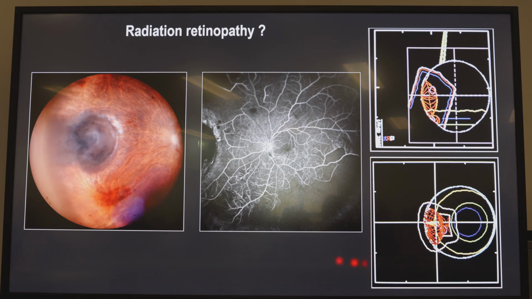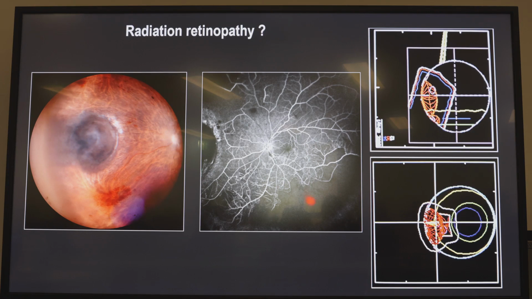So this is not radiation-induced ischemia. Why is there ischemia there? Because the optic nerve has been spared. Otherwise, this vessel might have been hit by the beam, and obviously from the moment the optic nerve is hit, the whole retina is at risk of developing a radiation-induced ischemia.